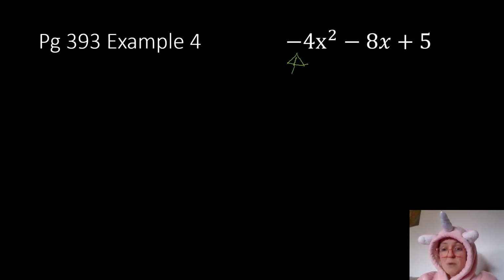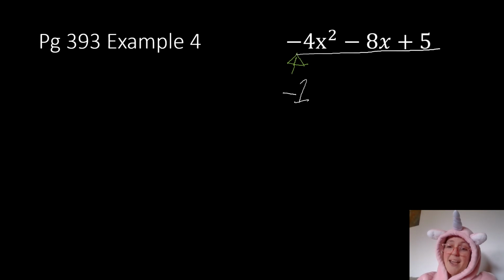So the easiest way to deal with a negative sign out in front is to just pull it out to begin with. We're going to remove a greatest common factor of -1 from this whole trinomial, because we should be checking for a GCF every single time, because it makes your life simpler. If I take -1 out of -4x squared, we're left with 4x squared.